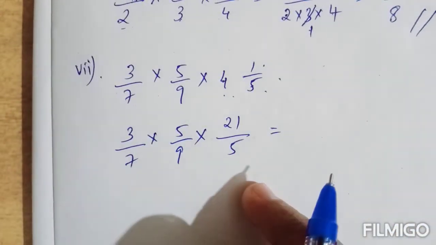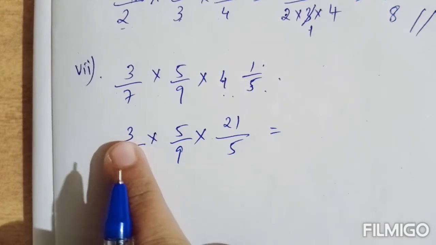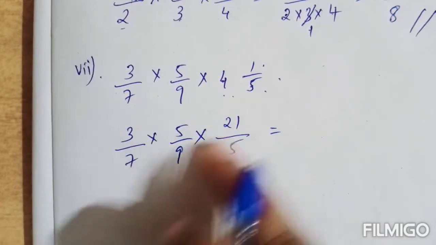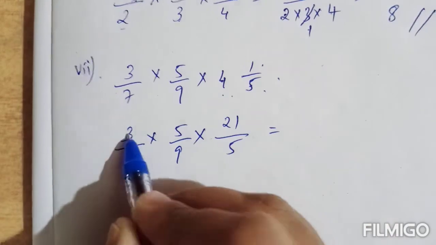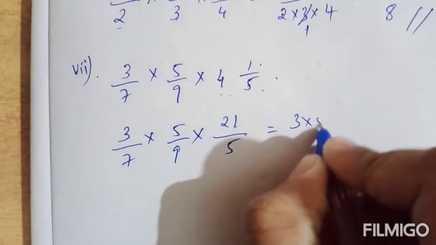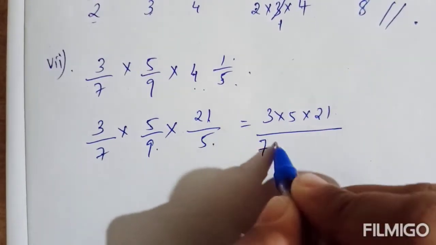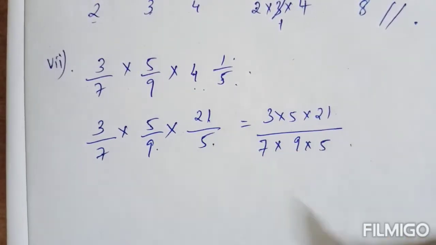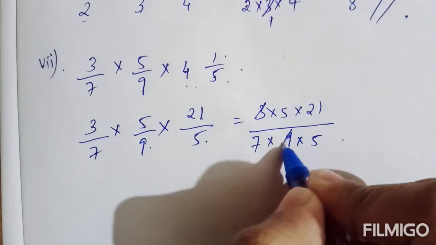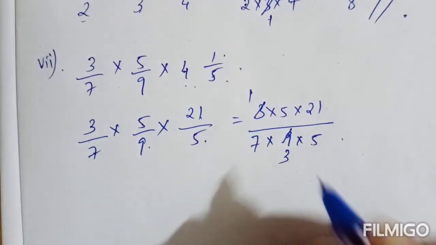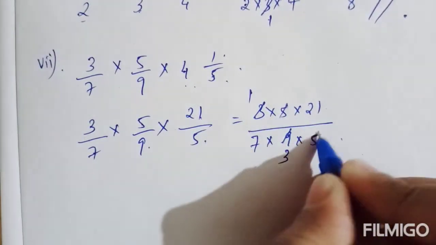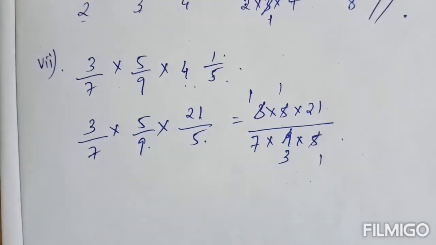In order to multiply 3 fractions, you can take the product of numerator by product of denominator. So 3 into 5 into 21 divided by 7 into 9 into 5. Okay, now this 3 and 9 will go in 3. 1 here 3. 5 we can cancel, it will be 1.